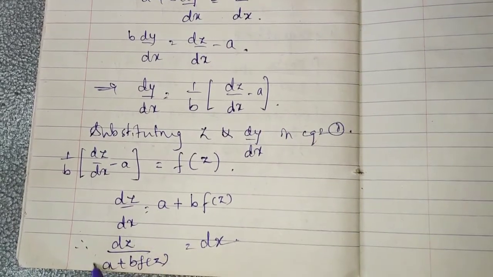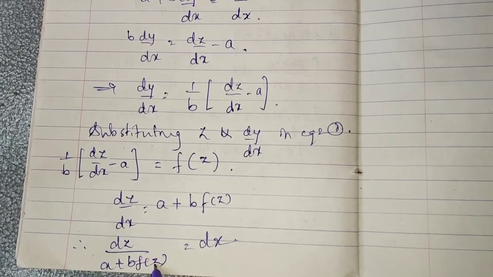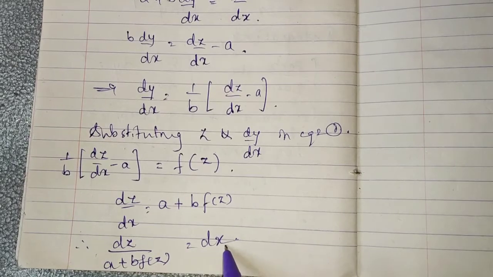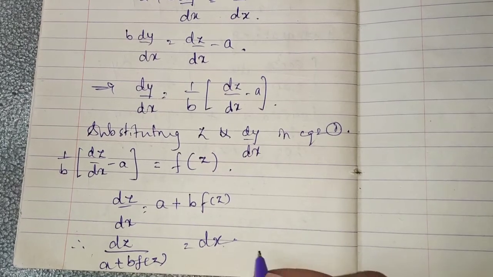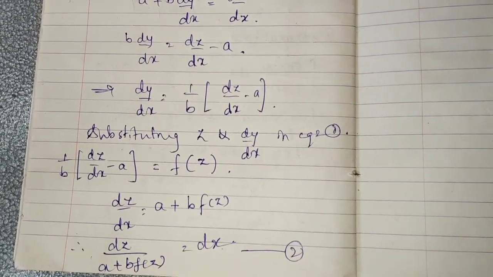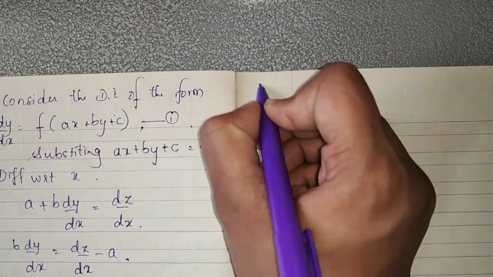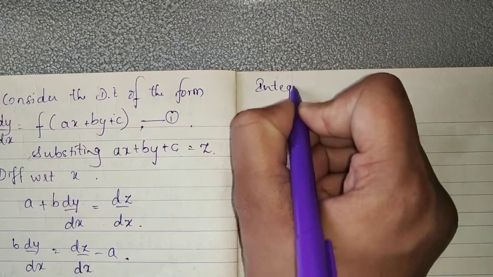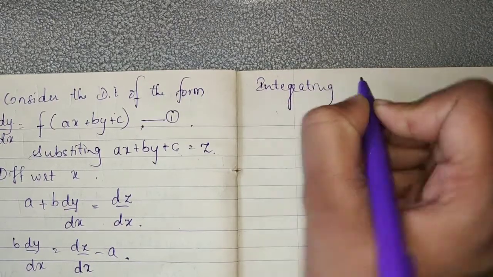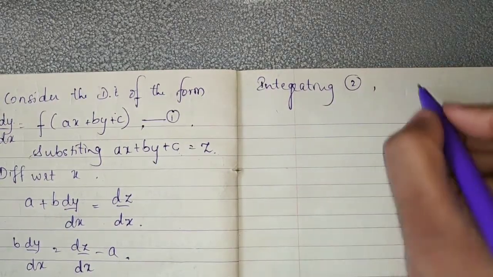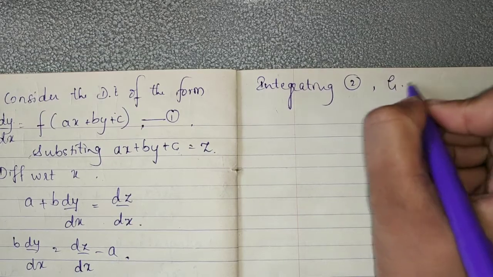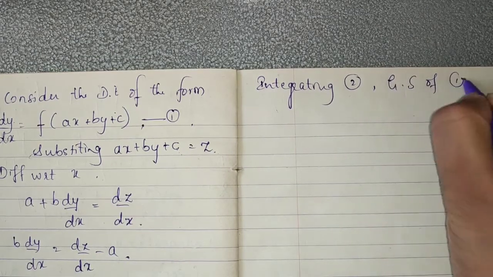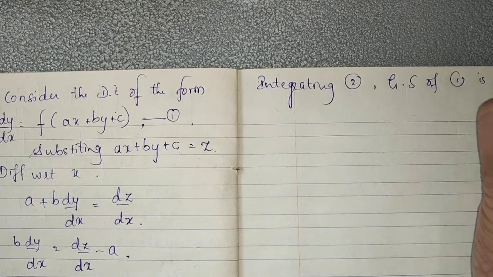Now you can see this is the term containing only the variable z and here x. Call this equation 2. Therefore, variables are separated. Integrating equation 2, the general solution of equation 1 is obtained.